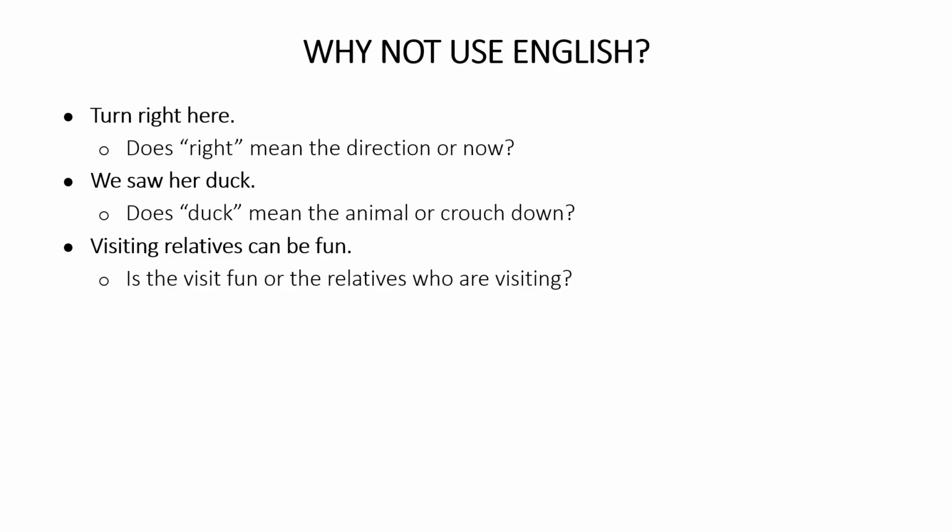Whichever way, right? So there's some ambiguity here. Turn right here means either right at this spot I have to turn, or I actually have to turn to the right. Well, let's not get more ambiguities. Yeah, he saw her duck. So either she has a pet duck, right? Or she actually ducked down because something was flying over her head, right?